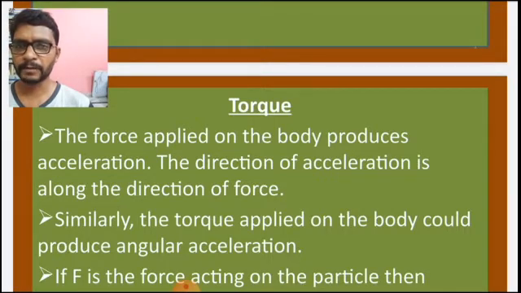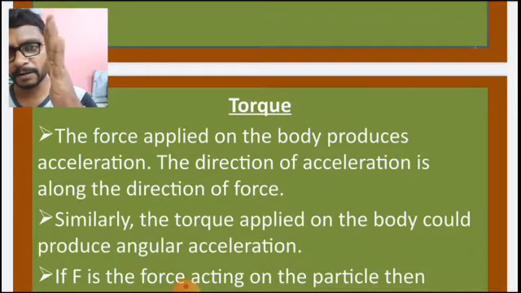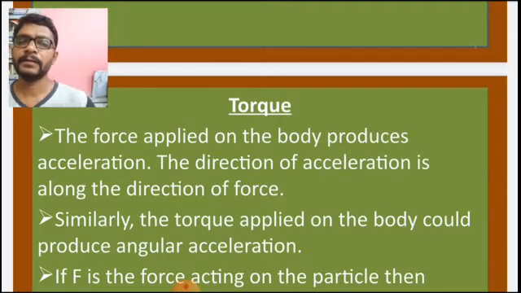The force applied on the body produces acceleration. Generally, to move one body from one place to another place, what do we have to do? We have to apply some force on the body. If you apply some force on the body, it produces acceleration, moving it from one point to another, right?